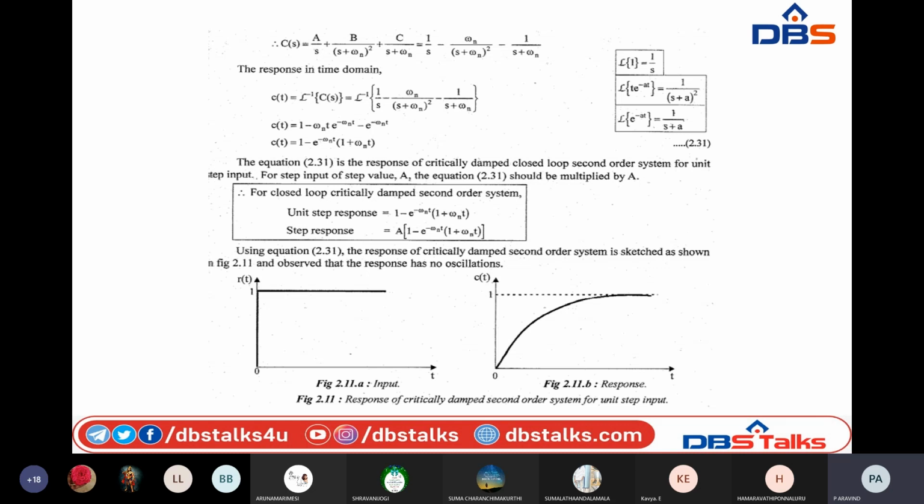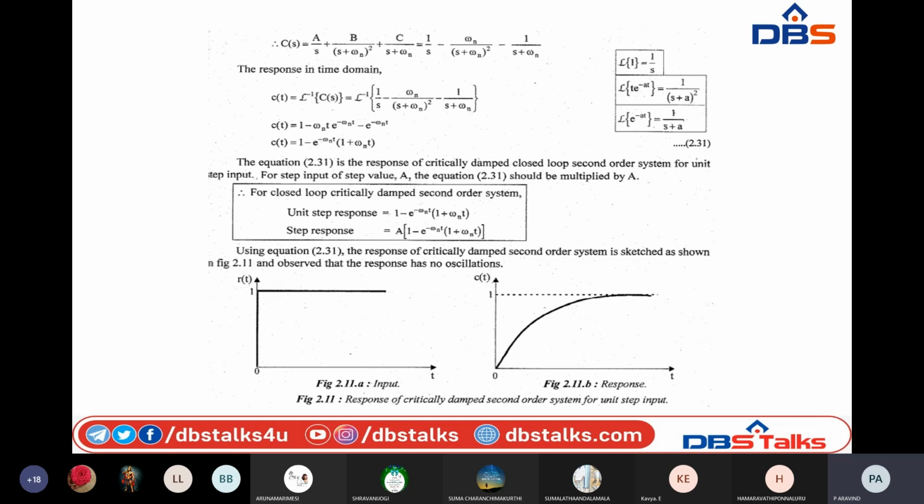See the below figures, that is 2.11a, that is the input, a unit step input, and the corresponding response of the critically damped second order system for unit step input is shown in 2.11b.